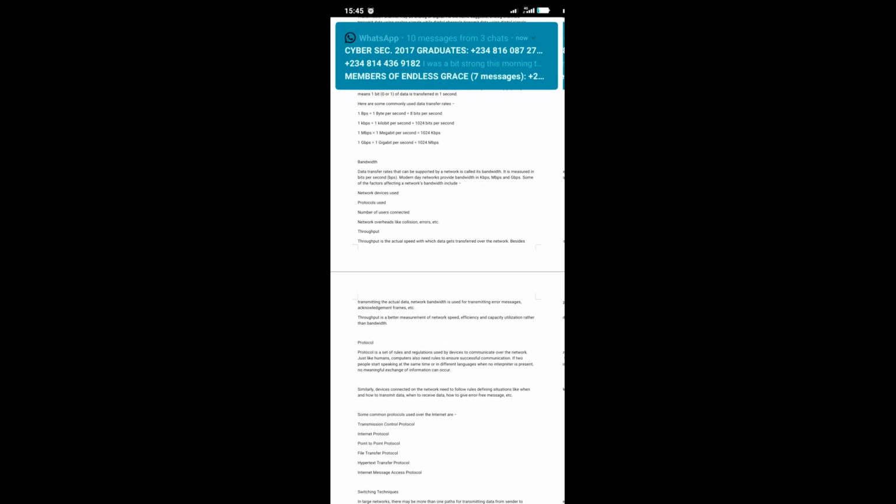So these are two different entities, the bandwidth and the throughput. But in the real sense, understand that the throughput is the actual measurement used to measure the efficiency and the speed of a network.